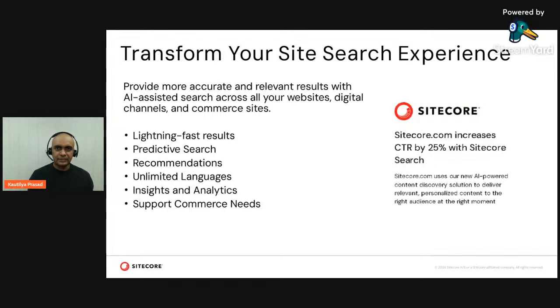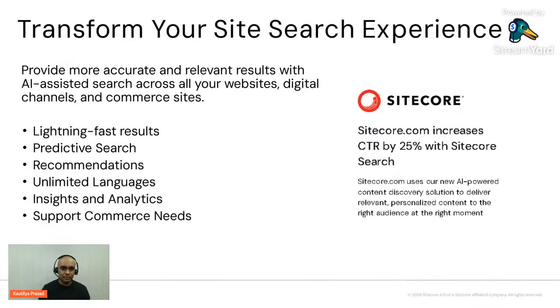Sitecore Search is modern, built on a core AI engine, which can run algorithms at really fast speed. It gives you quick results that are relevant to the user and accurate. It has inbuilt machine learning, which can give you recommendations, things you may also like. And it supports multiple languages at once.